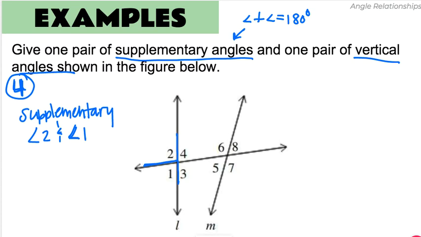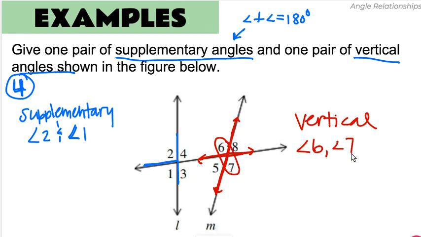I'll do this in a different color for you. So let's focus on two lines crossing. We'll do these two. Two lines cross. Now vertical angles are opposite angles, and the opposite angles are going to be equal to each other.